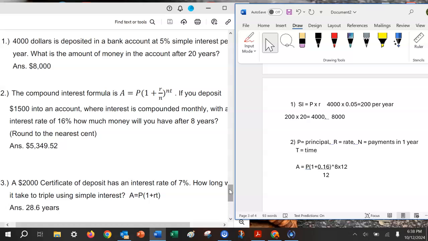Okay, so we really need to take our time with this. We have A equals, and I don't know why I put P up here like this when I should have put 1500. That's better. So 1500 doesn't get used yet. So I say 1 plus 0.16, 1.16.